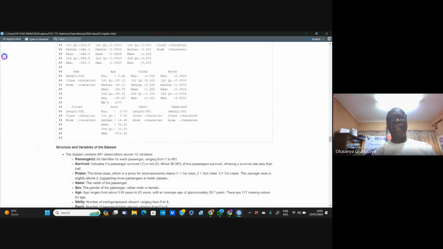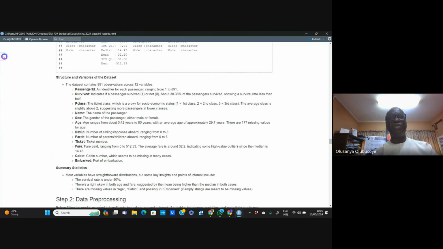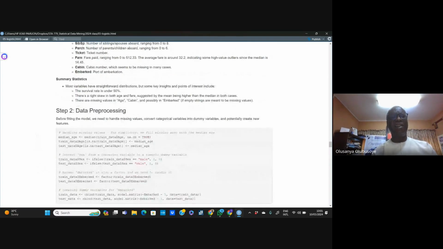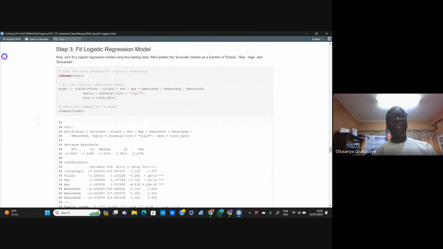I also tried as much as possible to interpret those results, so go through my interpretation. I fitted the model where the dependent variable is whether the passenger survived or not, so the variable name is survived.